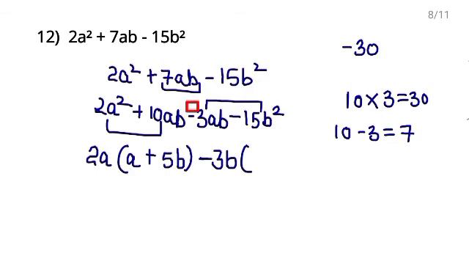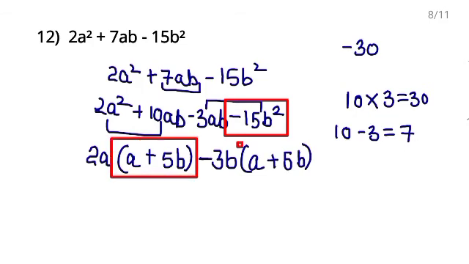From minus 3ab you have taken minus 3b common, so a remains, so write a here. From this 15b square you have taken minus 3b common, so 3 5s are 15, b square, b common taken, and you also have taken the minus sign common, so this will be plus.